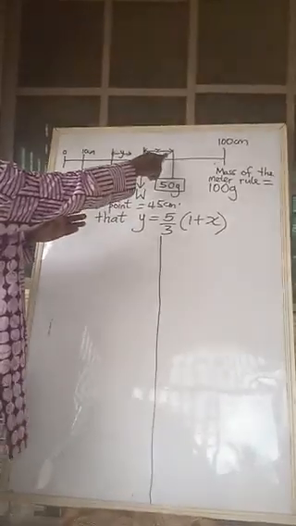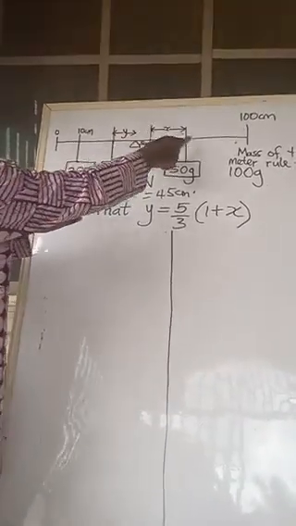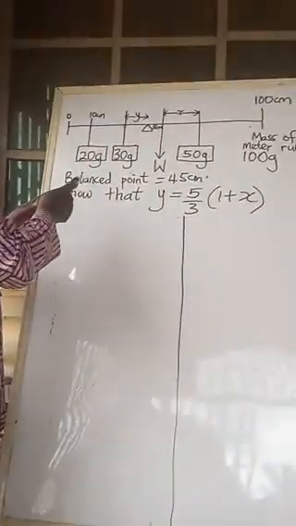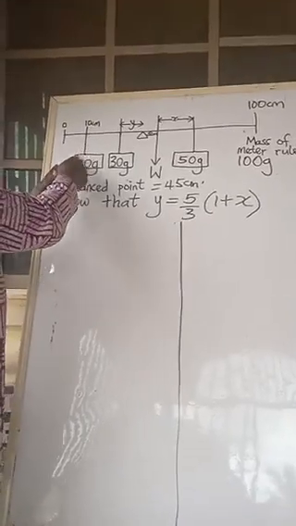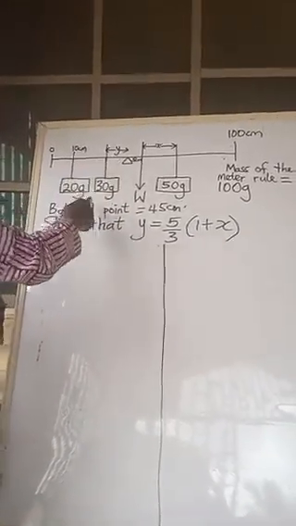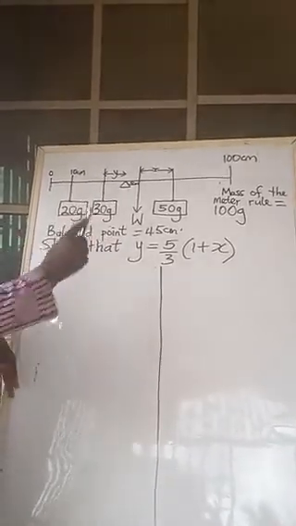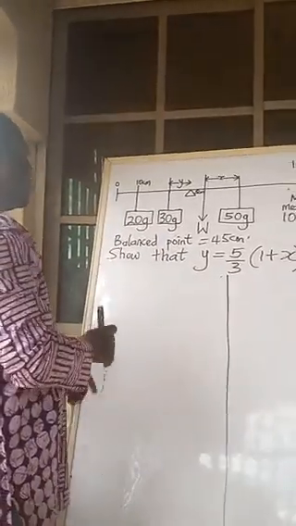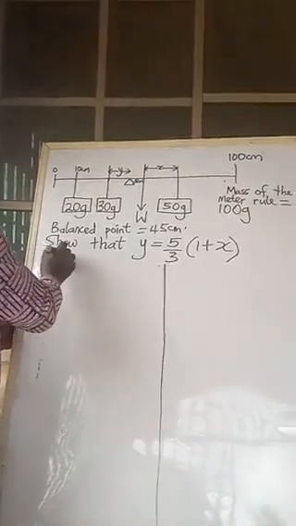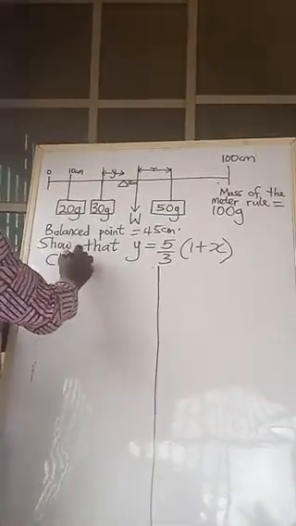Then the 50 grams will turn towards this pivot in a clockwise direction. Then these 20 grams will turn towards this pivot in an anti-clockwise direction. And likewise, these 30 grams will turn towards the pivot in an anti-clockwise direction. So now I want to start with the clockwise moments.